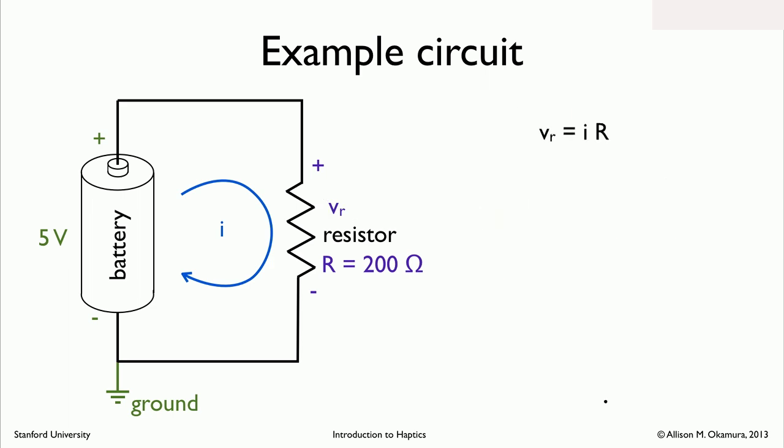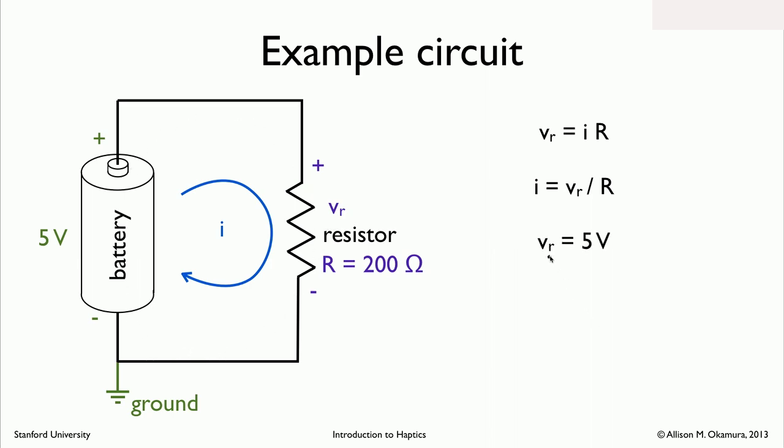So let's go through those steps. We're starting out with our Ohm's law. Voltage drop through the resistor equals current times resistance. And if we want to solve for the current, we can say, what is the voltage across the resistor divided by the resistance? Now, because there's nothing else going on in this circuit, the voltage drop across the resistor has to equal the voltage that's generated by the battery, because one of the basic circuit laws is that the voltage along any closed path has to sum up to 0.